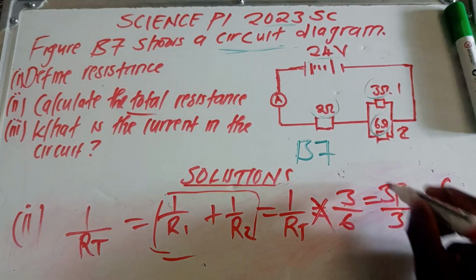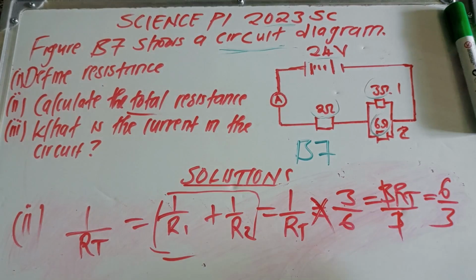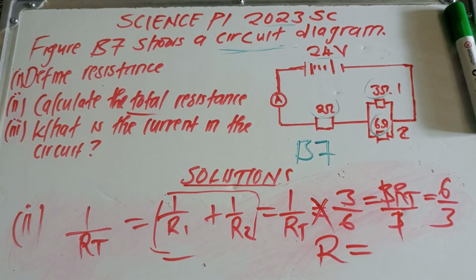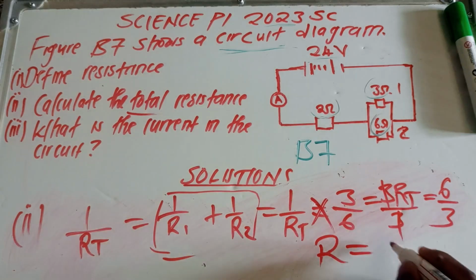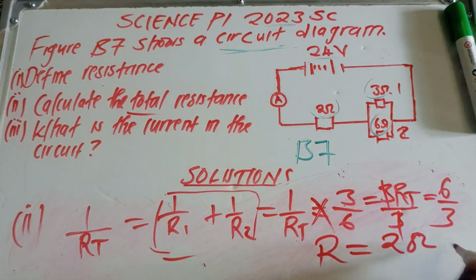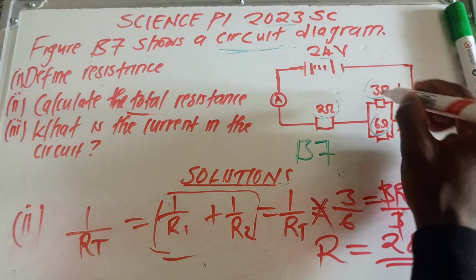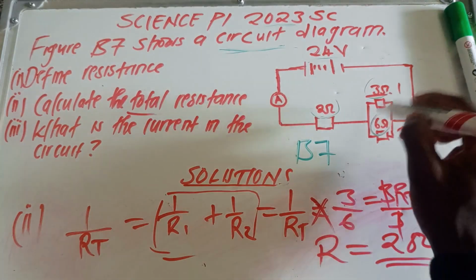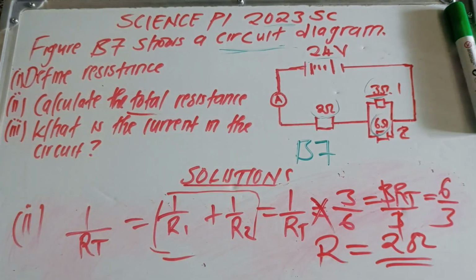Then we divide by 3, and we find that our resistance is 6 divided by 3, which is equal to 2 ohms. I hope you are able to see this. So this is the combination of these two resistances. If you combine them, you are going to get 2 ohms, like what I've done.